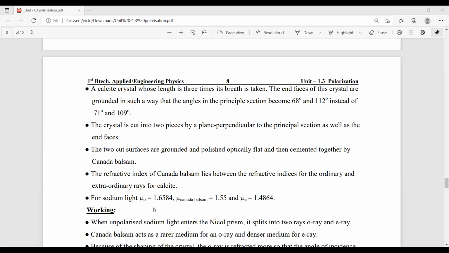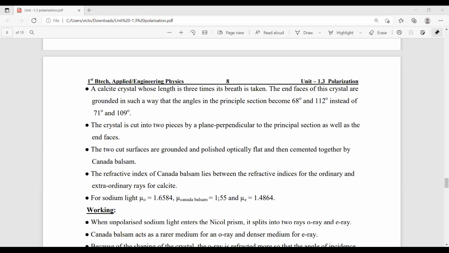Here these are the values of the refractive index of the ordinary ray and the refractive index of the Canada balsam. The refractive index of the ordinary ray is 1.6584, the Canada balsam refractive index is 1.55, and the extraordinary ray refractive index is 1.484.